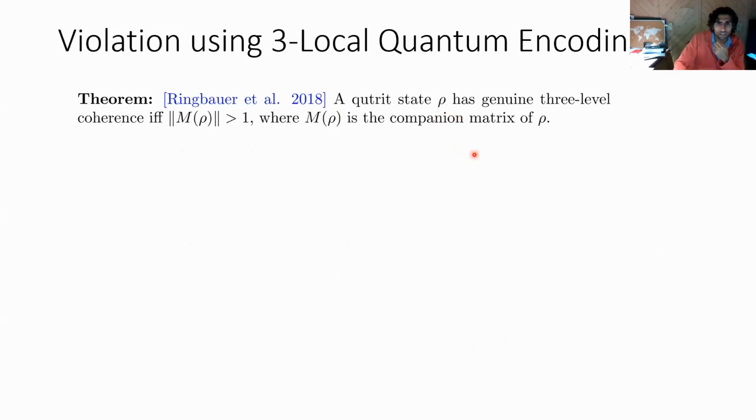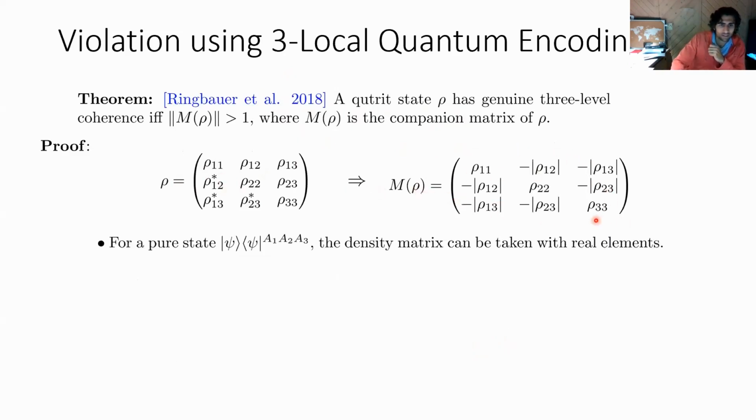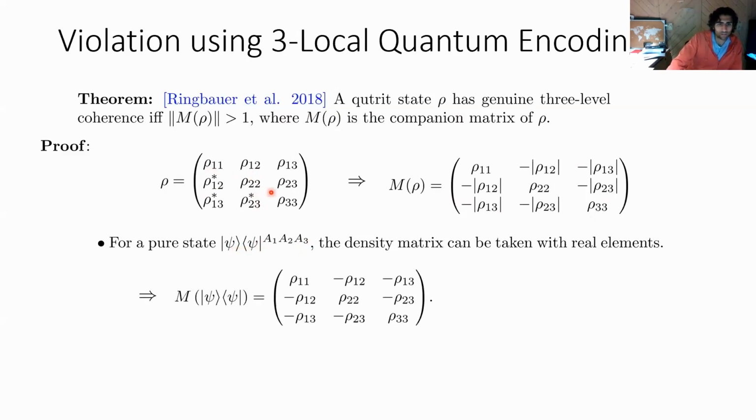The way you can do this is you introduce what's known as the companion matrix. So if rho is your density matrix, the companion matrix is defined as this. And a nice feature here is that if you have a pure state, you can demand that the elements are all real. So then the companion matrix takes this nice form where we remove the absolute values.